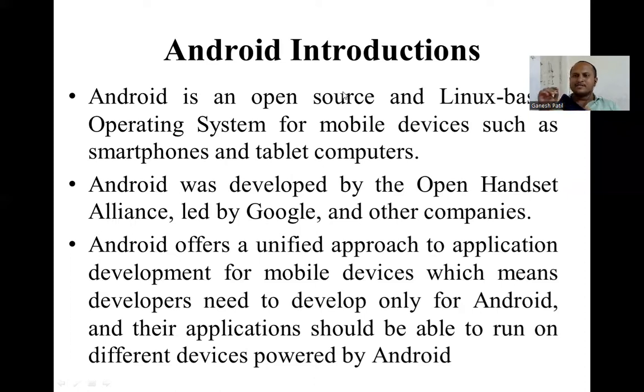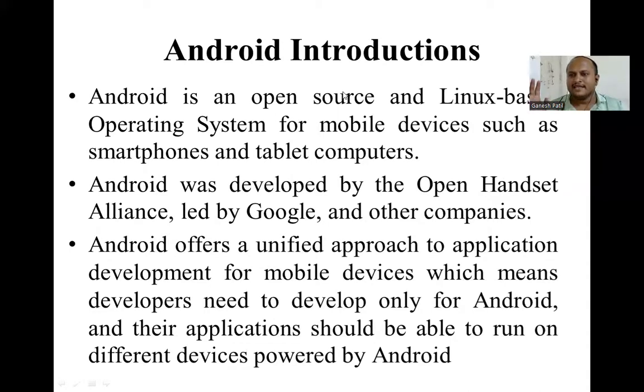For that we require the operating system. Operating system acts like software. I will install the operating system on my mobile. Then I will start my mobile, and then I will start accessing the apps, mobile applications. It means operating system is the interface between user and hardware. This is called an operating system.